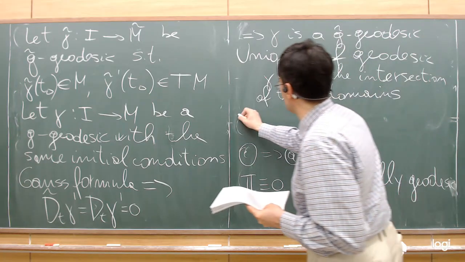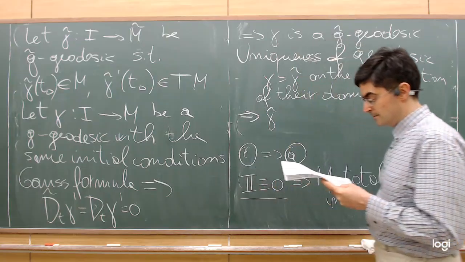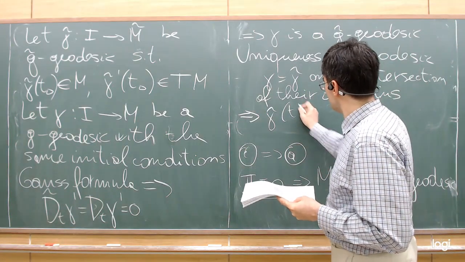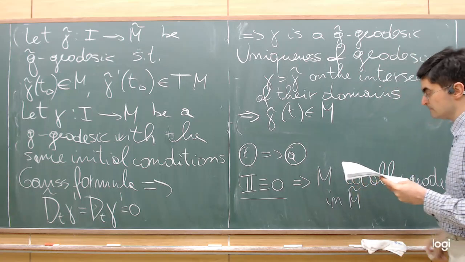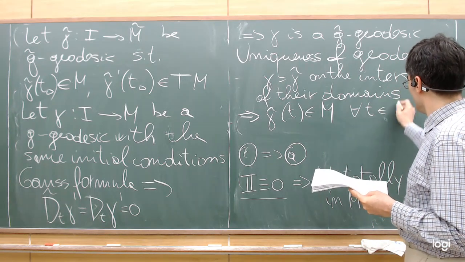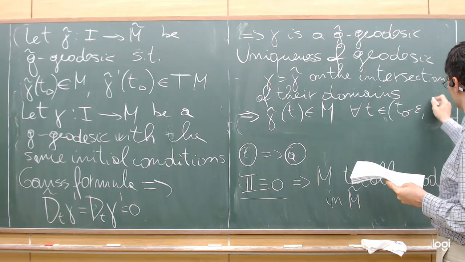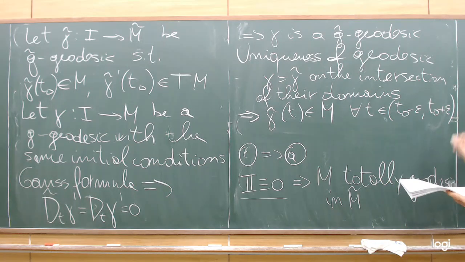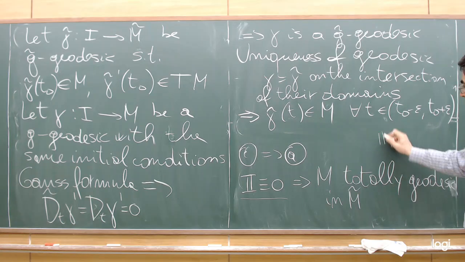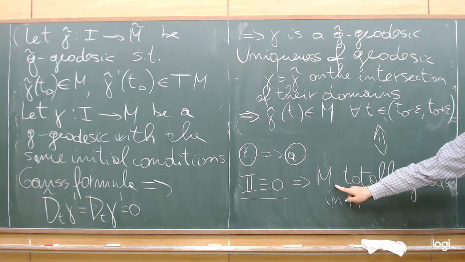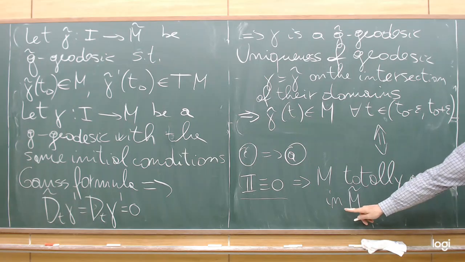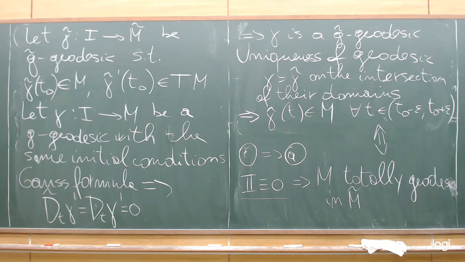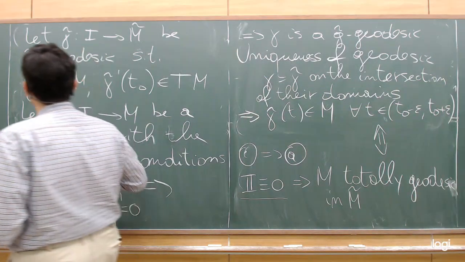So this implies that gamma tilde of t belongs to M for every t in a neighborhood of t0. And this is exactly what M totally geodesic in M tilde means. And this is the end of the proof.